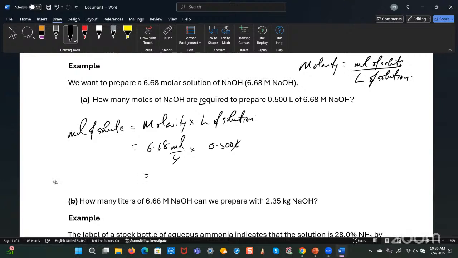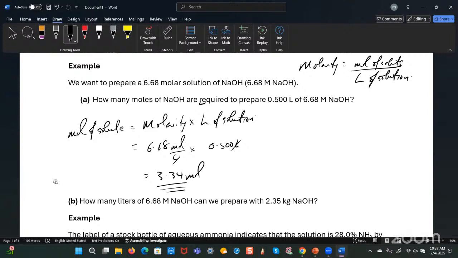And according to my calculation, that's 3.34 moles. One of the few calculations I can do in my head. That's how you do that. All right. Any questions about this one?